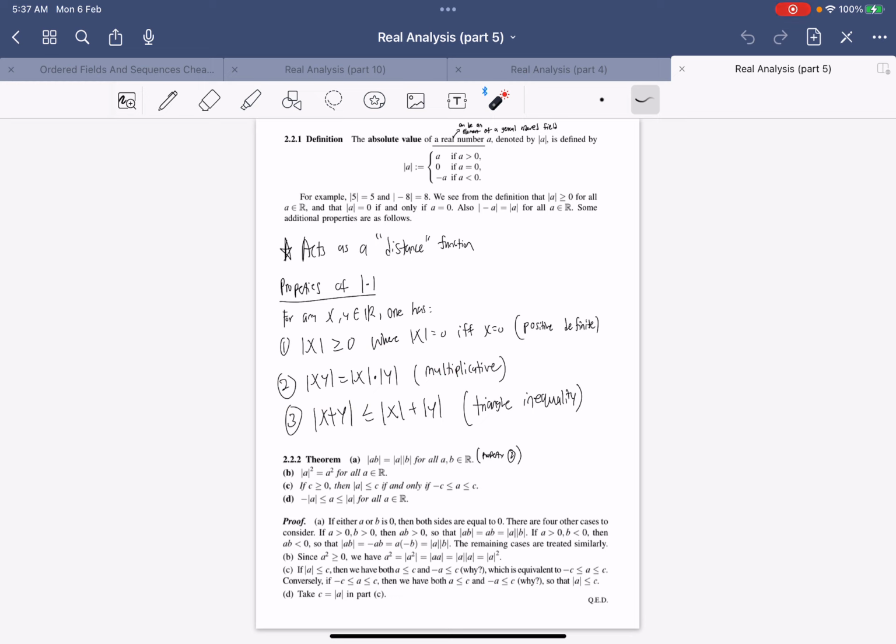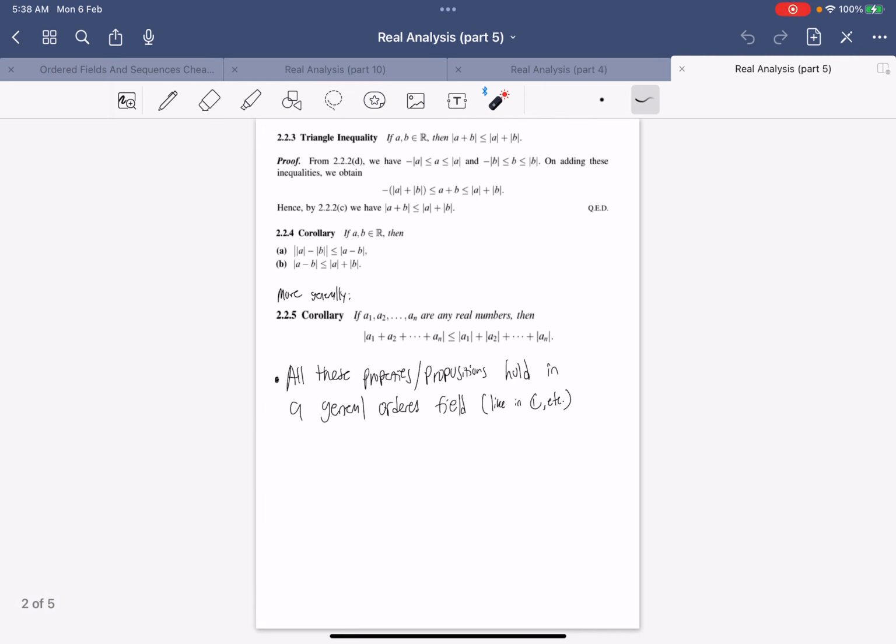For the triangle inequality, we make use of the fact that any number is always bounded by the absolute values, from the negative absolute value to the positive absolute value. And you can check that quite fairly simply by, again, using the different cases. So the proof of that will be a bit tedious because you need to go through the different cases. But I hope you understand by me explaining the intuition behind the proof.